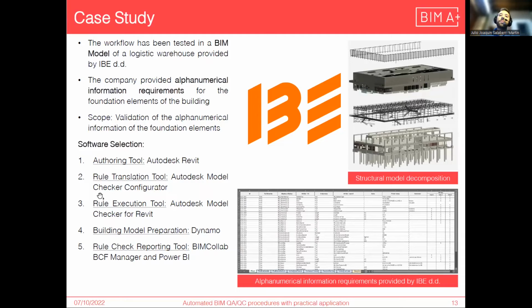Then to perform the checks, we have selected Model Checker for Revit, and to create the rule sets, the Model Checker Configurator. For the building model preparation, in order to enrich the model with alphanumerical information, we can use Dynamo scripts. Finally, for the reporting, as I mentioned before, we used BIM QA, BCF Manager, and Power BI.